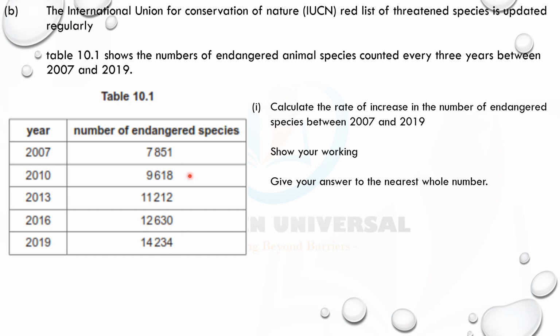So let's find the increase. Get your calculator and punch 14,234 minus 7,851. Okay, so you see, when you punch the calculator, it gives us 6,383.